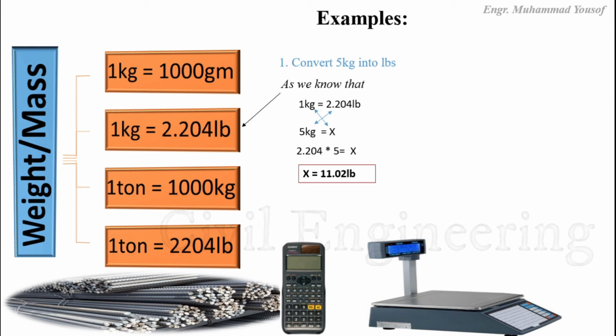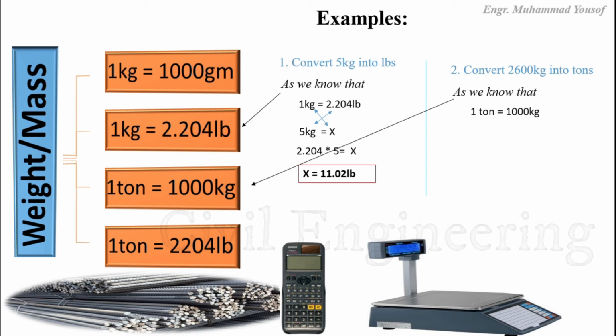11.02 lbs. Now let's solve another example which says: convert 2600 kgs into tons. Dear friends, we know that 1 ton is equal to 1000 kg, and here in the numerical we are going to convert 2600 kgs into tons. So we will assume that x ton is equal to 2600 kgs.